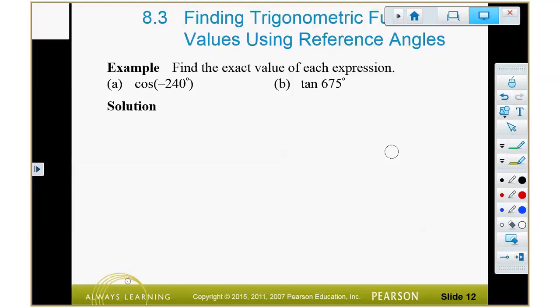Yeah. So you can't use 720 degrees because that's too much. So you're going to have to subtract 360. So 675 degrees.